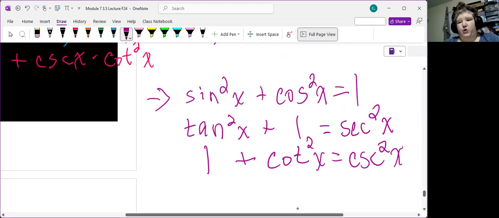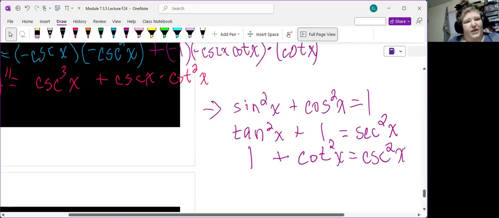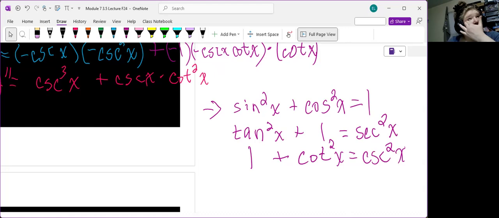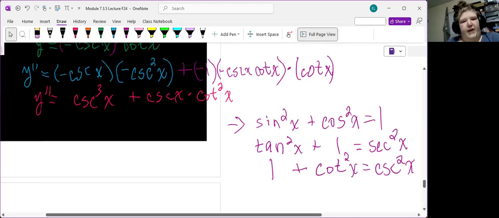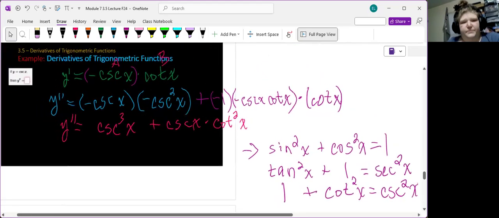Those guys will sometimes creep up, and seeing that they're tangent squared or cotangent squared can be a little weird. Doesn't happen too often. Like we don't often do multiple derivatives of trig functions, but it's not impossible. Like I could certainly see it for some weird applications that I'm not totally sure of.